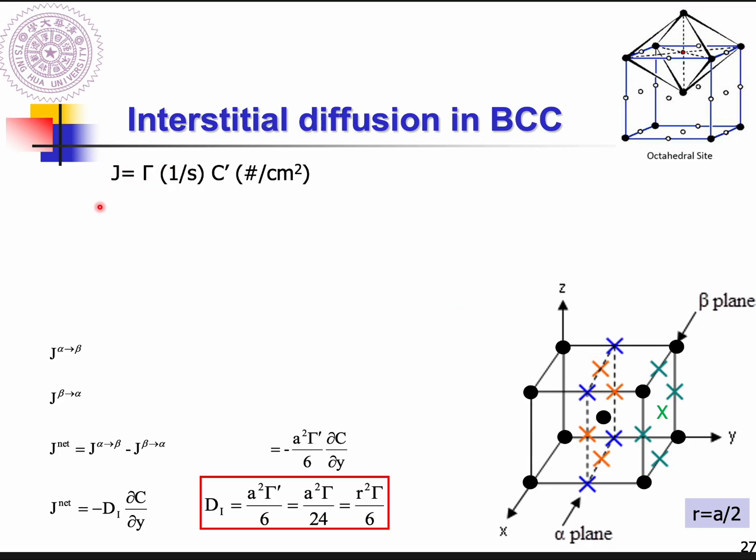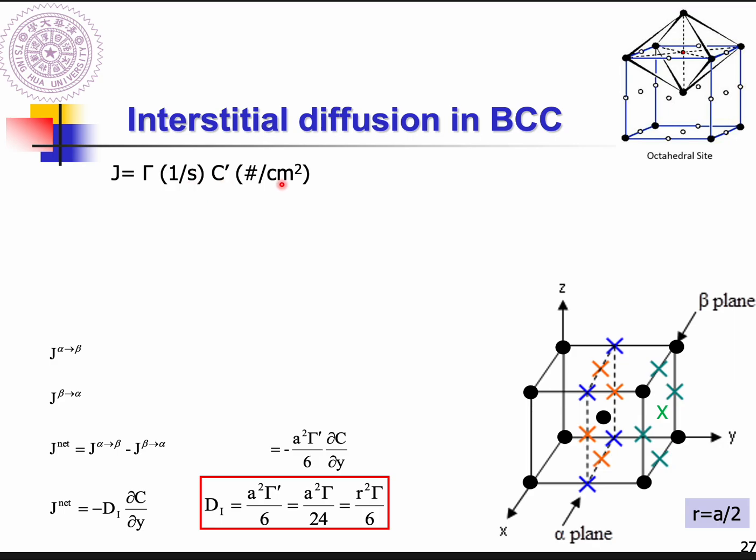What's the unit of flux? It is the number of atoms per unit time passing through per unit area, right? So you can rewrite the flux as the total jump rate times the area density.